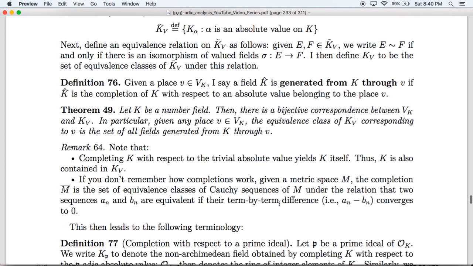In valued fields, metric completions arise as a way of formalizing the idea that the completion of a field is where we allow ourselves to have infinitely many digits in the decimal representation.